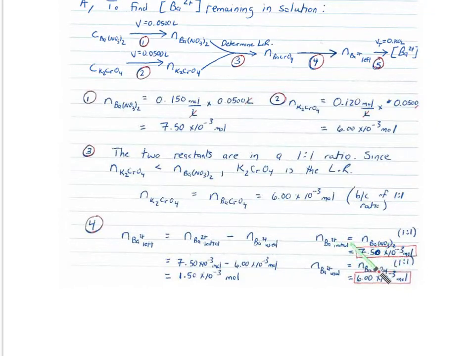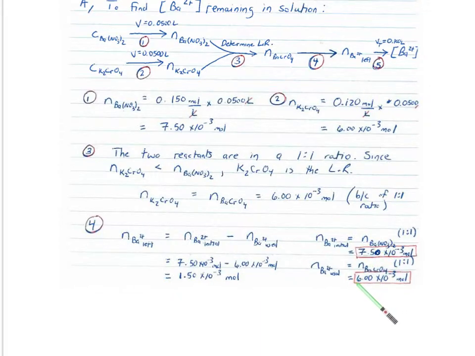And because these two things are in a 1-to-1 ratio, it's the same as the value I calculated up above, right? Because when this Ba(NO3)2 dissociates, you get basically 1 mole of Ba2+ and 2 moles of the nitrate. And so since the amount of Ba2+ produced is in a 1-to-1 ratio with the Ba(NO3)2, the number of moles are the same.